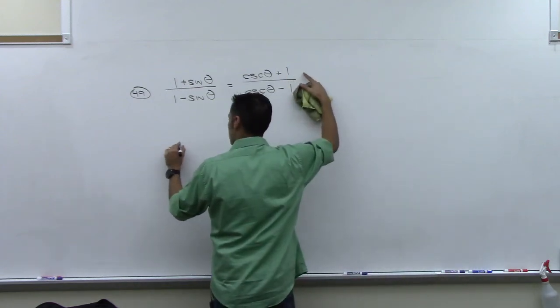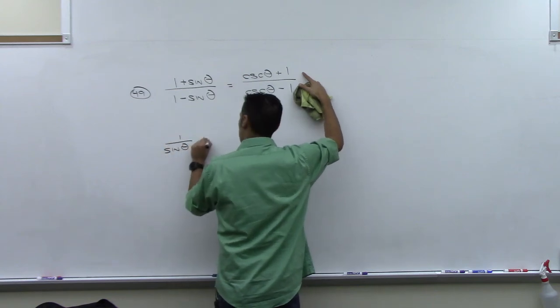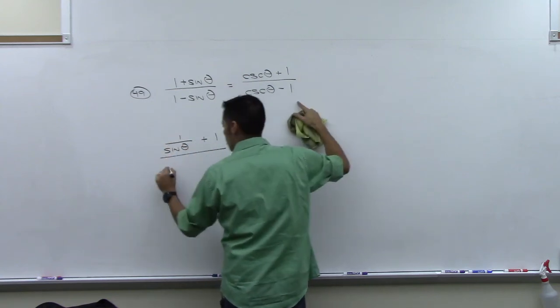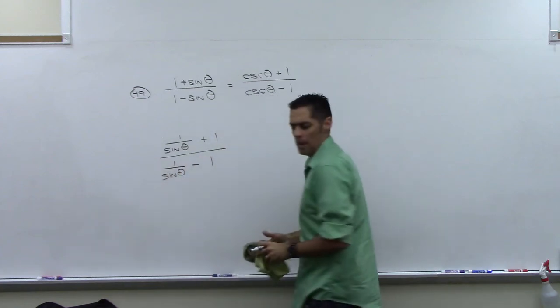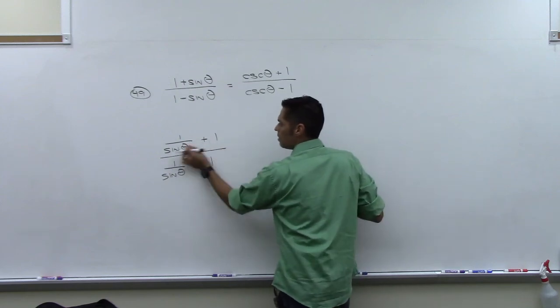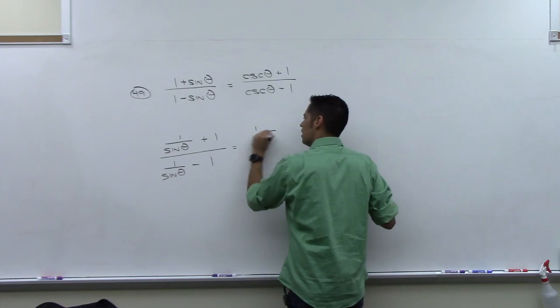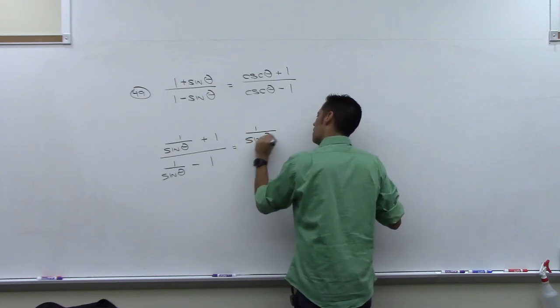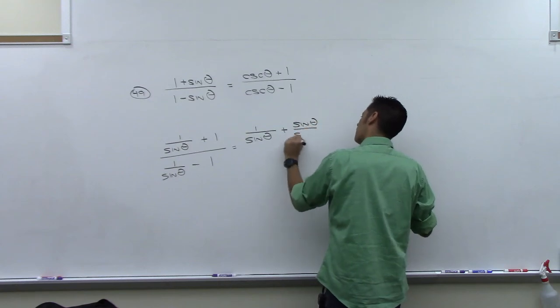If I start with this, I'm going to rewrite this as 1 over sine theta, that's cosecant, plus 1, and then over 1 over sine theta minus 1. All right, in the numerator, I'm going to get a common denominator between these two, and in the denominator, a common denominator here. So I need to introduce something. This will be plus, instead of writing 1, I'm going to write sine theta over sine theta.